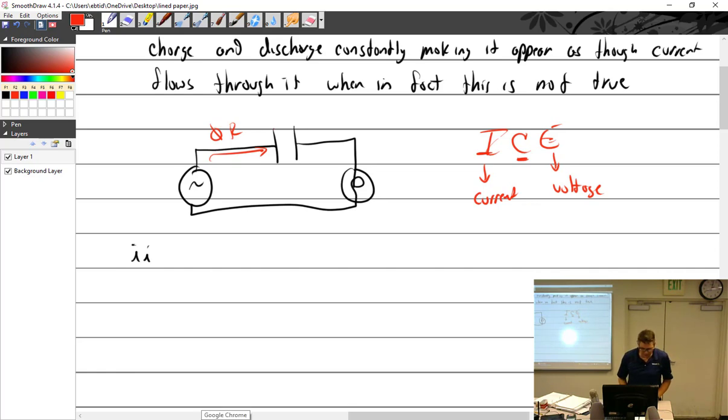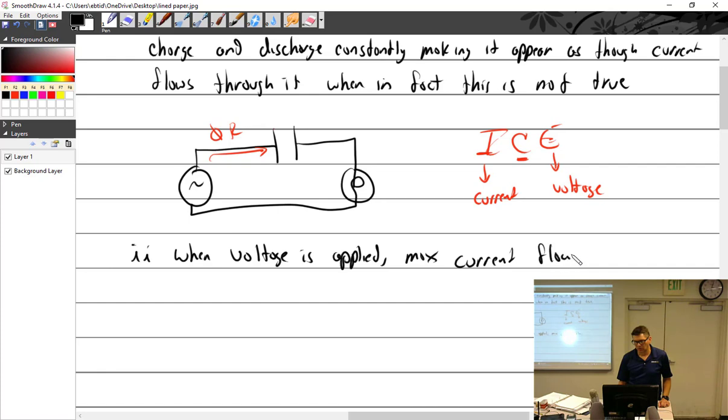All right, so when voltage is applied, maximum current flows instantly.